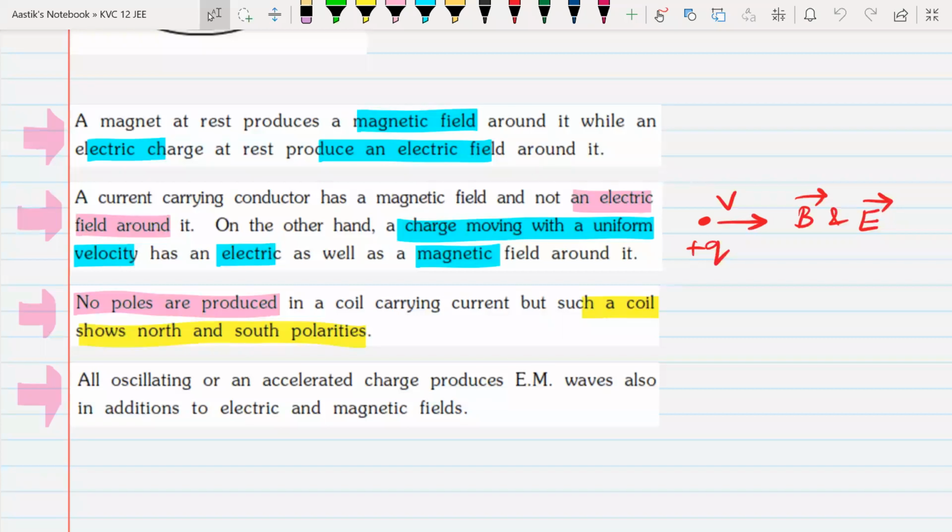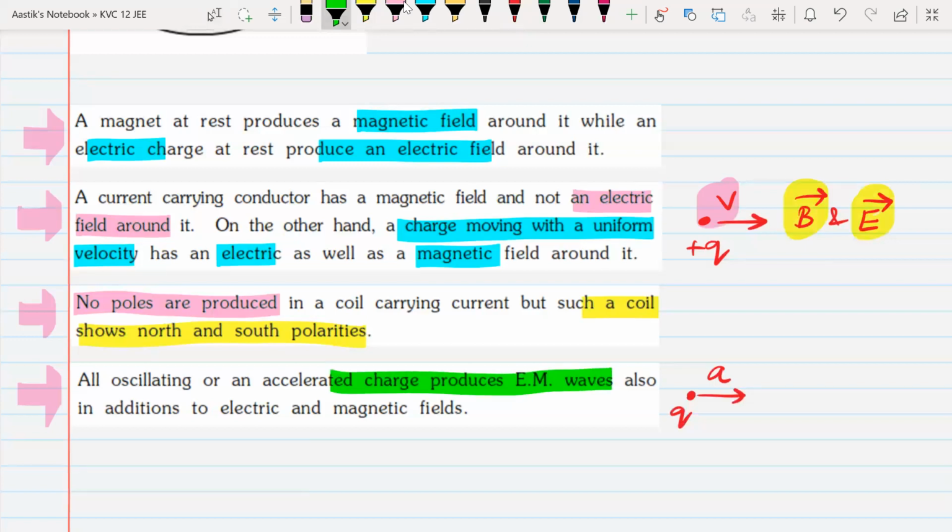So what I was saying is, if a charge is moving with a uniform velocity, it produces both magnetic field and electric field. We understand this? If a charge is oscillating or moving with an acceleration, that would be the last topic that we will do whenever we get to that.